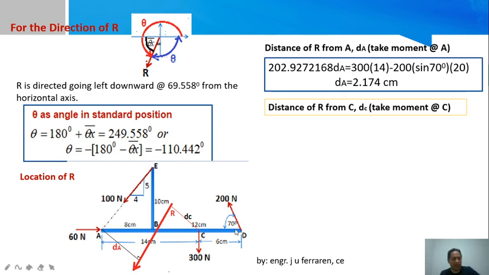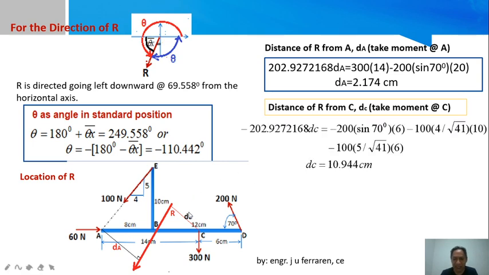Now, if C is somewhere here, you just hold your C here, and then your force R is here, so that will tend to let the body be rotated counterclockwise. So if that's counterclockwise, then I have a negative, negative of the product of R and dC. This is my R. That's why it's negative, because the effect of which is counterclockwise.